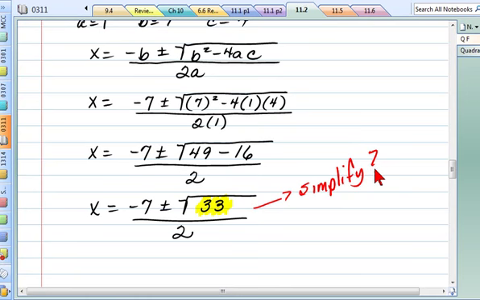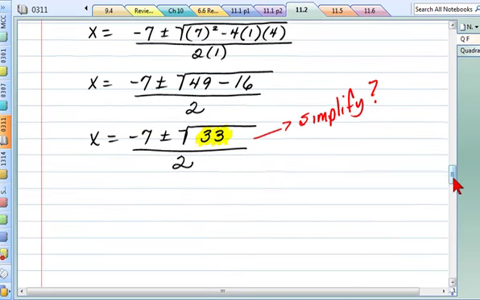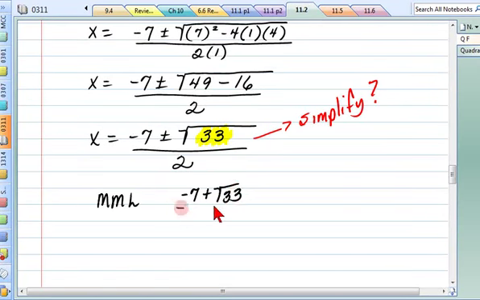All right, question. Can you simplify 33? No, it factors into 3 times 11, but those aren't perfect squares, so that's useless. And what that means is this problem is finished, which is kind of nice. For once, we're kind of happy to get a radical. Oh, yeah. For MyMathLab, you would have to write in negative 7 plus the square root of 33 over 2.